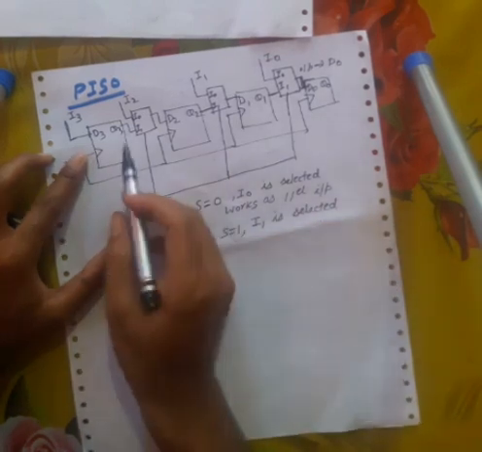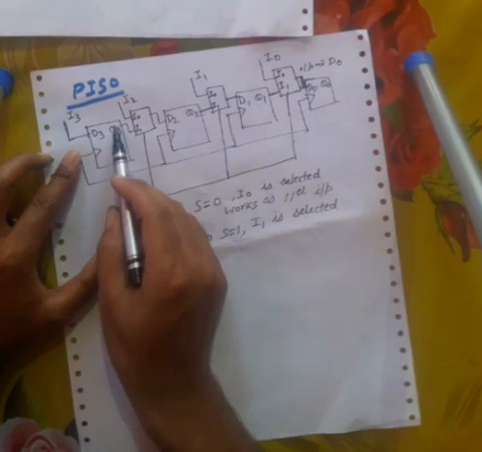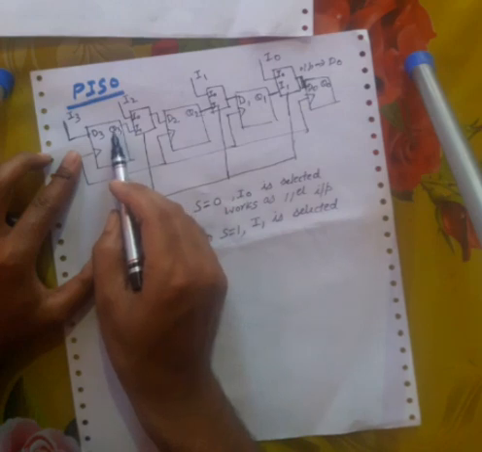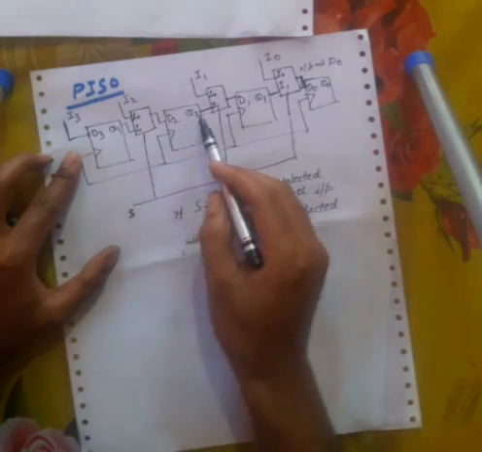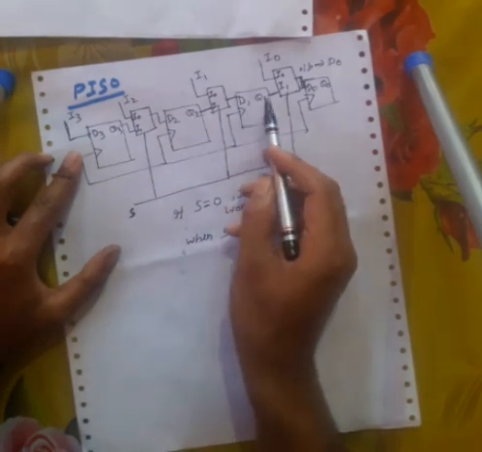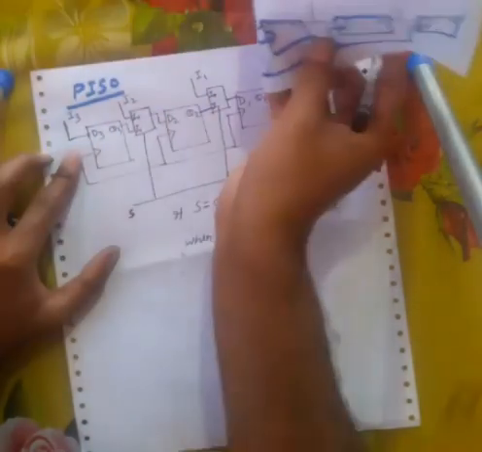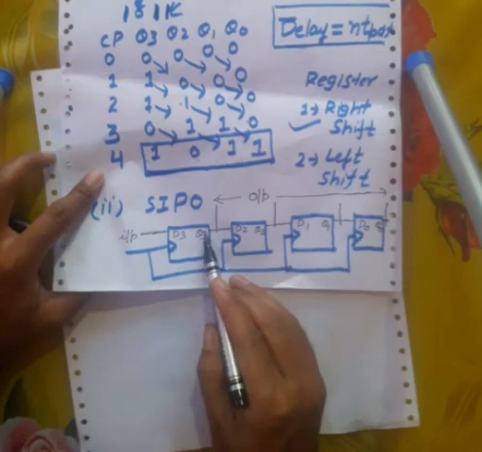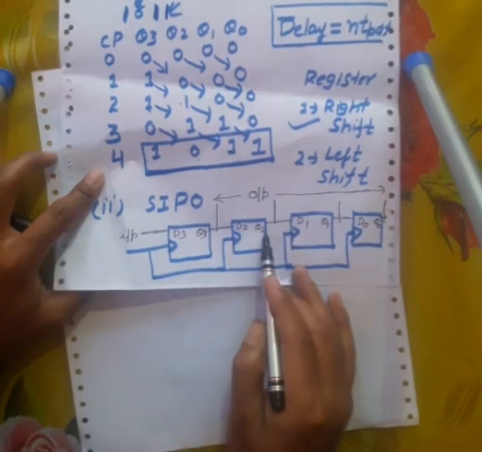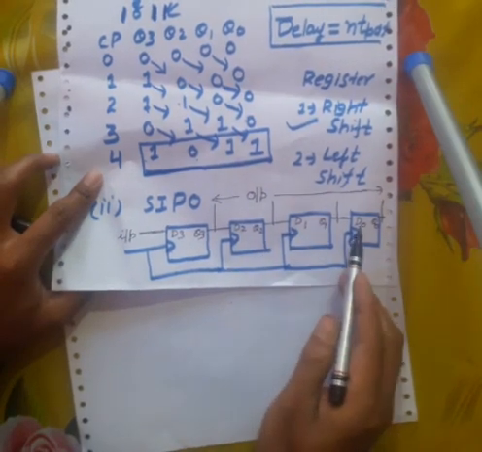When S equal to 1, you know I1 is selected. Now output of Q3 is connected to I1, so output of this is connected to D2, means Q3 is connected to D2, Q2 is connected to D1 and Q1 is connected to D0.